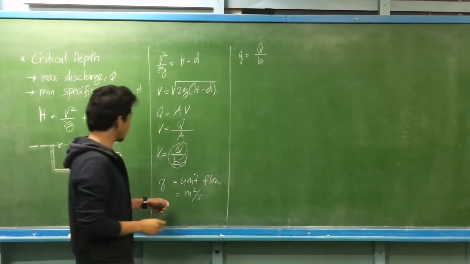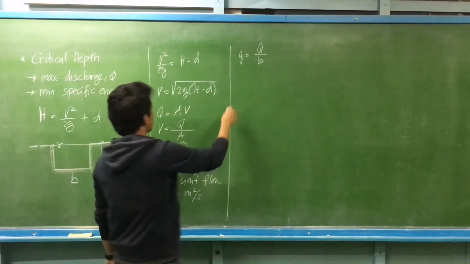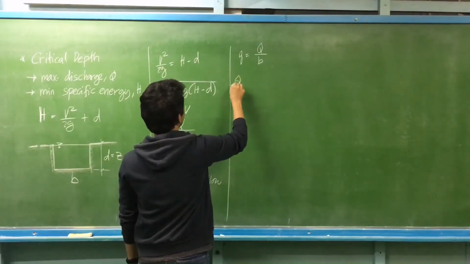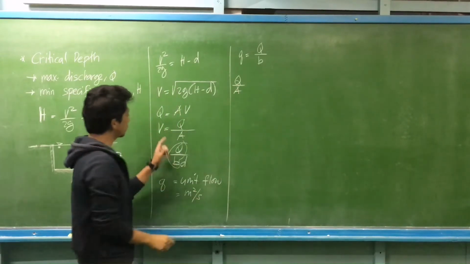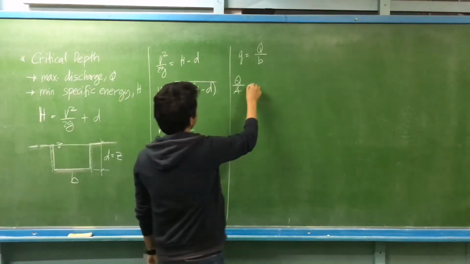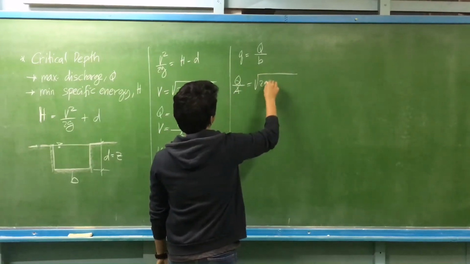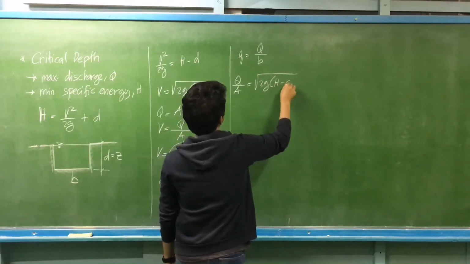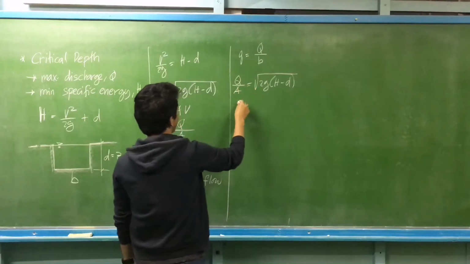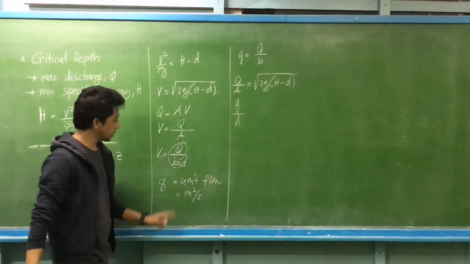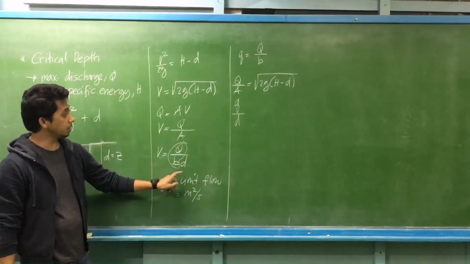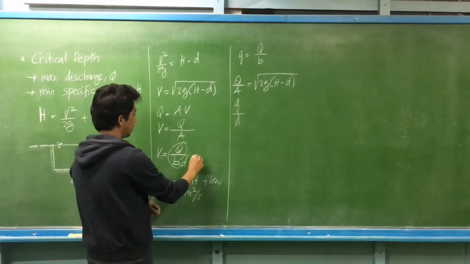So we are to substitute this. That is the same as discharge over area. The velocity is equal to the square root of 2g times H minus d. But again, we will have the same as unit flow divided by d. Do you agree? So unit flow over d is the same as the velocity.